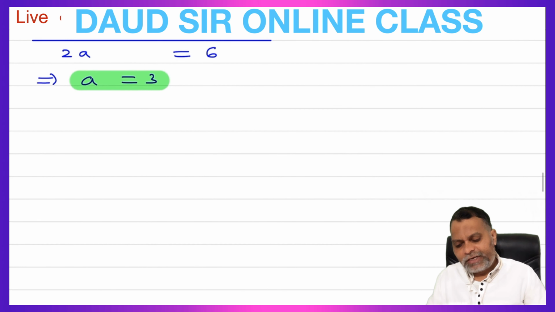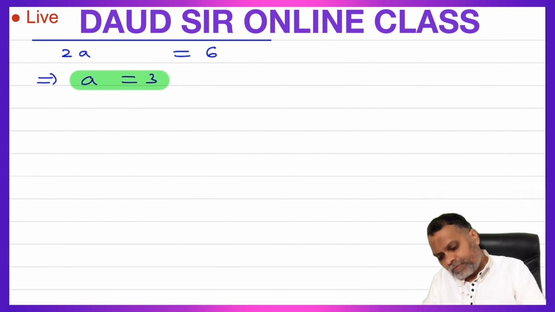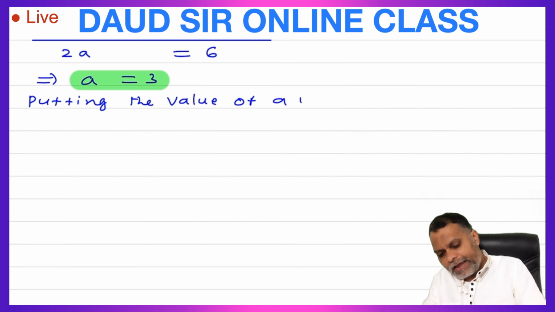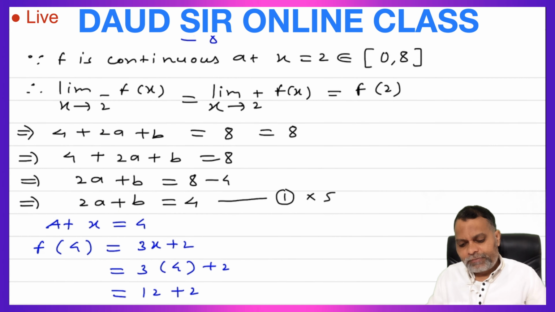Substitute this value of a in equation first for the value of b. Putting the value of a in equation first. What is equation first? 2a plus b is equal to 4.